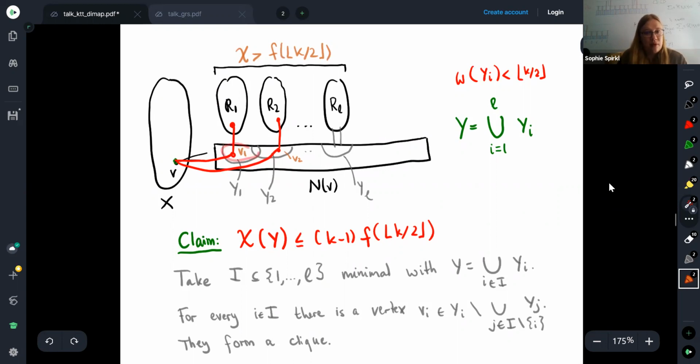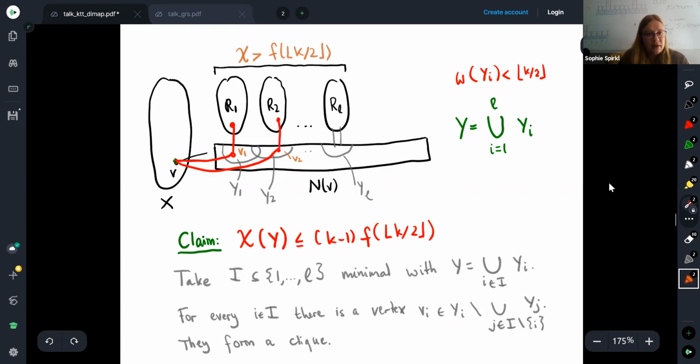And so let's think a bit more about these sets. One thing that's helpful is that if we have a vertex with a neighbor in R1 but not R2, and a vertex with a neighbor in R2 but not R1, they have to be adjacent. Because if they're not adjacent, you get exactly this P5 after all. So, right, let's use that to our advantage.